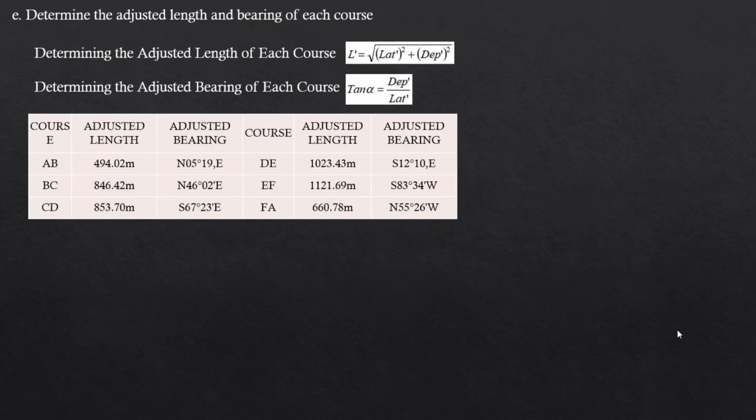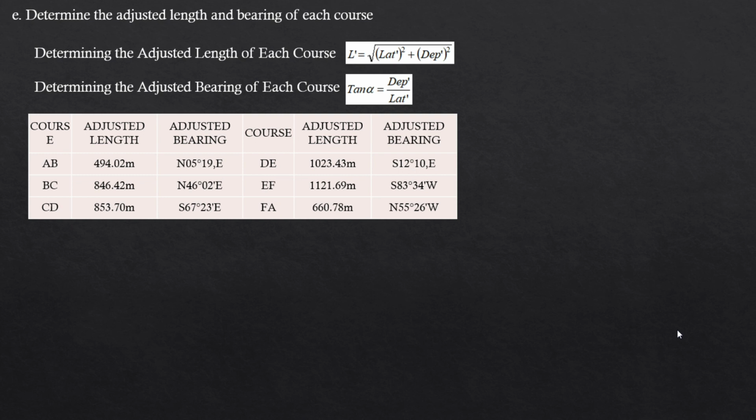Then last, pwede na nating makuha yung adjusted length and bearing of each course. Ngayon, pag nakuha na natin tong adjusted length and adjusted bearing, pwede na natin ma-close yung traverse natin or tama na yung pagkuha natin ng area dun sa traverse natin. Okay.